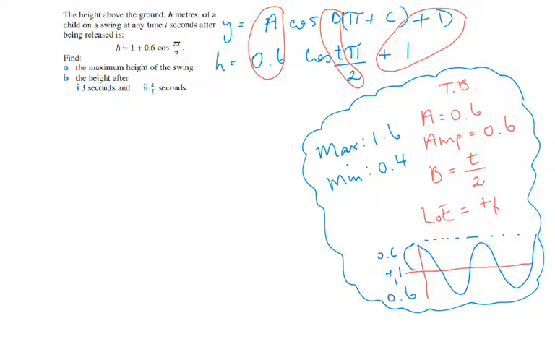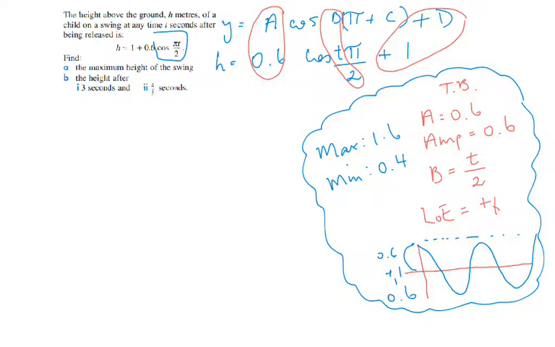The other way we can look at it is that we know our maximum is going to be when our cos value is 1. So we need this part of the equation, cos of pi t on 2, to equal 1. Now cos will equal 1 when we're at 0 and when we are at 2 pi.